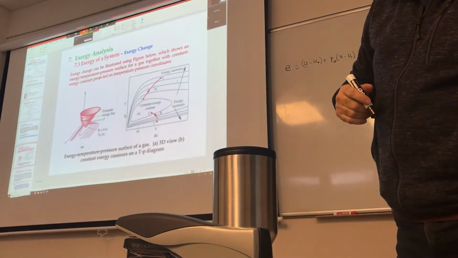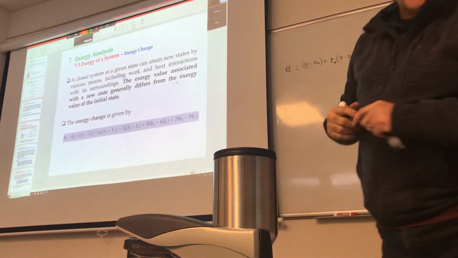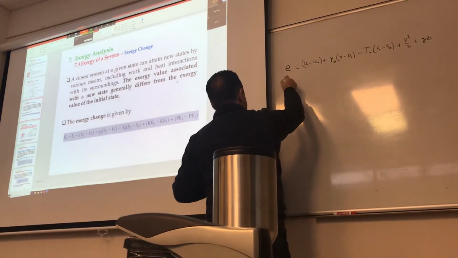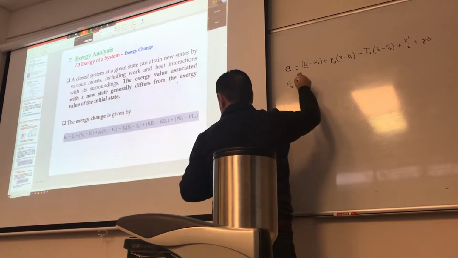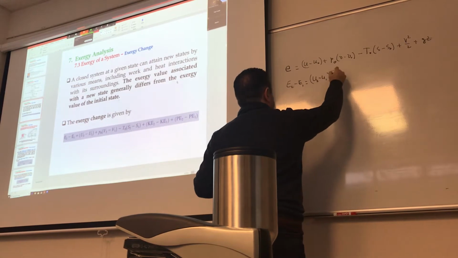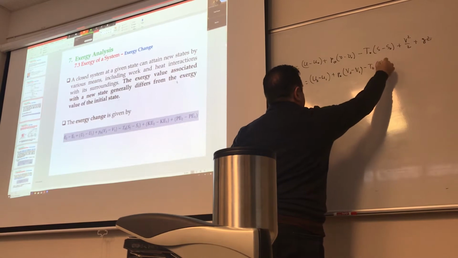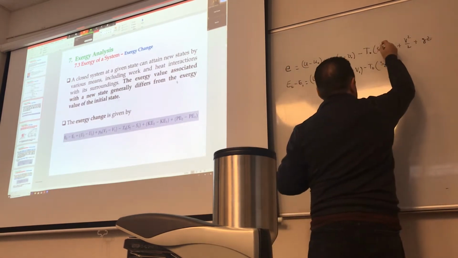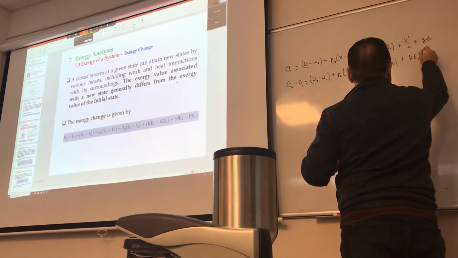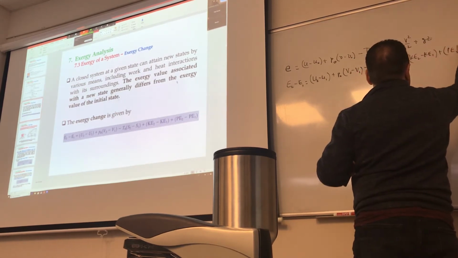In that case, the equation is as simple as E2 minus E1, in the extensive form. It's equal to U2 minus U1 plus P naught (V2 minus V1) minus T naught (S2 minus S1) plus KE2 minus KE1 plus PE2 minus PE1.